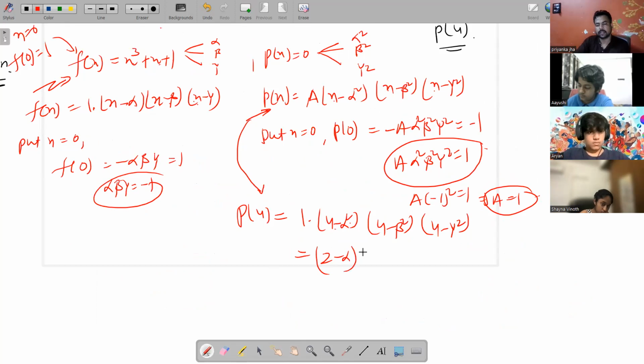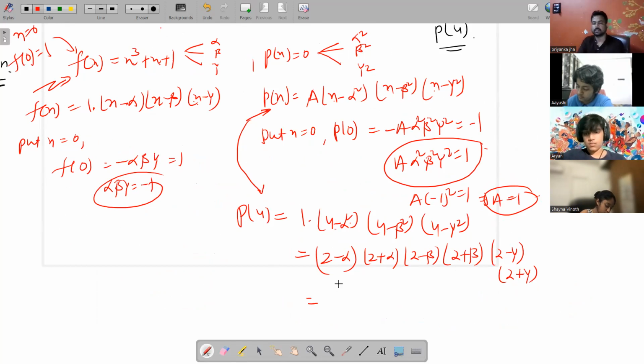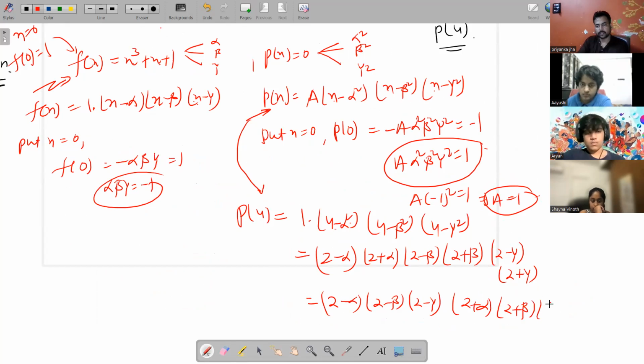So this is 2 minus alpha into 2 plus alpha, 2 minus beta, 2 plus beta, 2 minus gamma into 2 plus gamma. Club negative terms together and positive terms together. So this is like 2 minus alpha, 2 minus beta, and 2 minus gamma. This is 2 plus alpha, 2 plus beta, and 2 plus gamma. We have to find this.